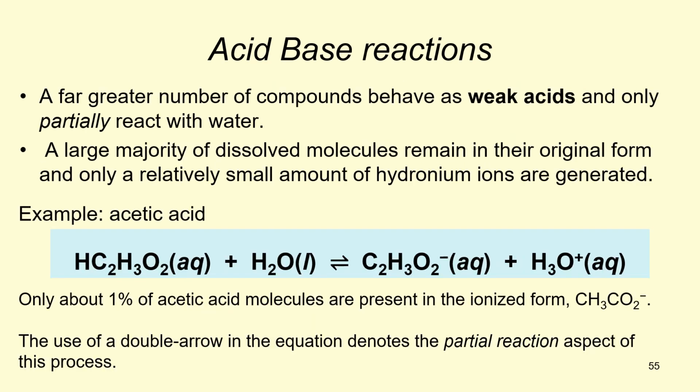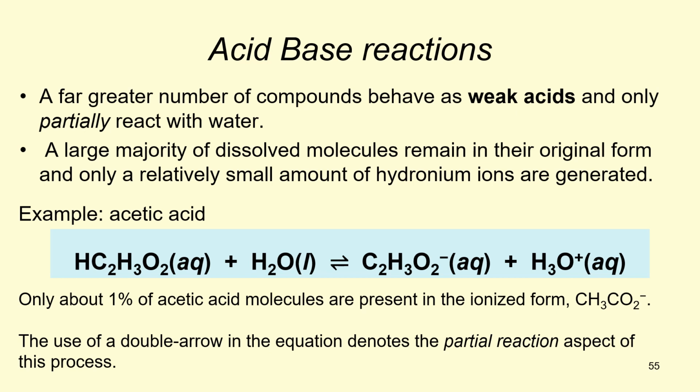So that's this next slide. A far greater number of compounds behave as weak acids and only partially react with each other, and so they would be equivalent to something non-soluble. We keep it written together. Acetic acid is the acetate ion with a hydrogen, and the hydrogen will donate the H plus to H2O to give us H3O plus, and then we have the acetate ion left over.